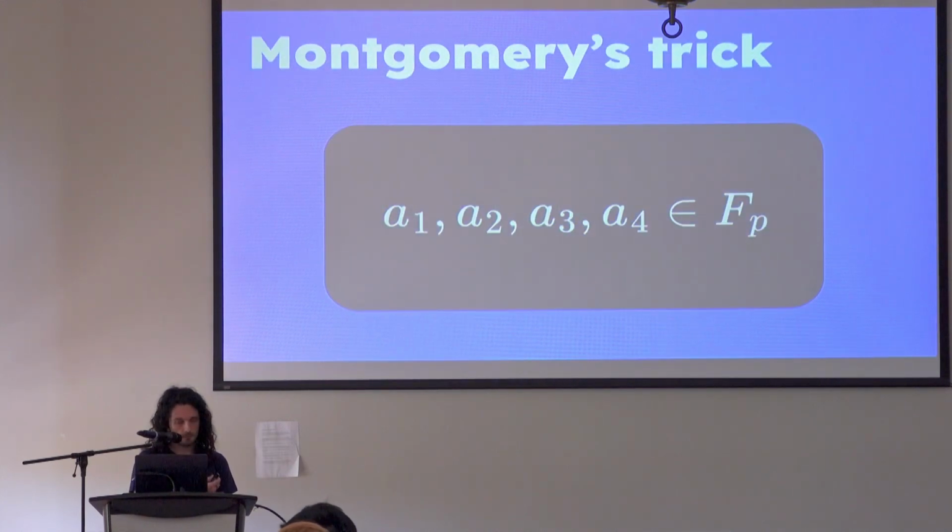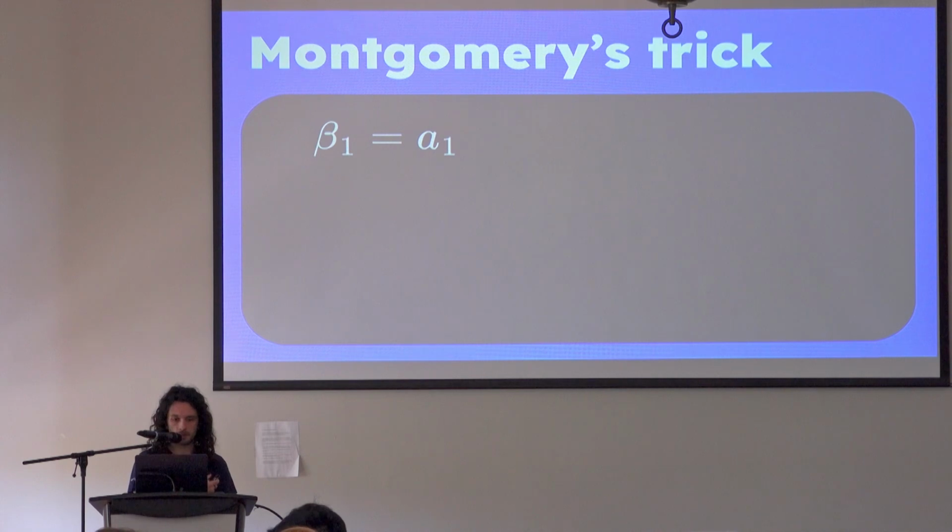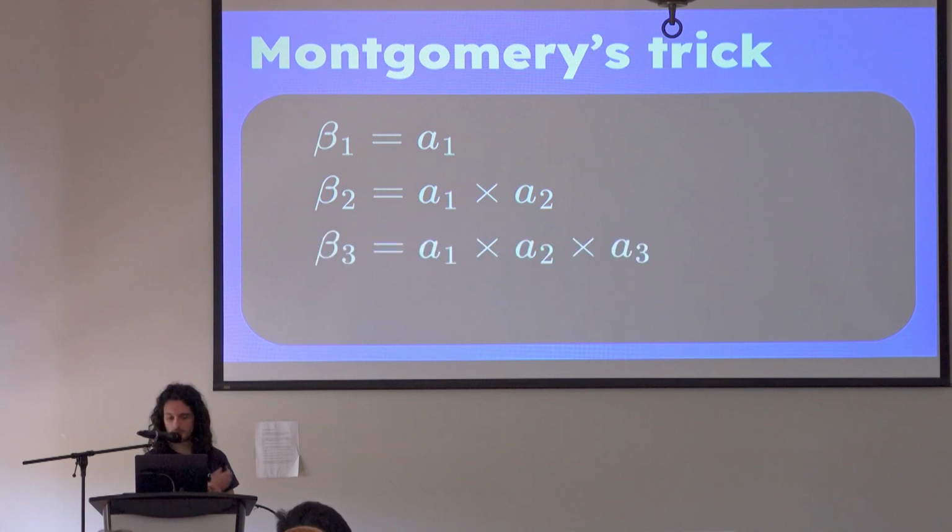For an example of Montgomery's trick, we'll take these 4 field elements, A1 through A4, and we'll start inverting them by computing these little products that I'll show here. First one being beta 1, then beta 2 being the accumulated product from A1 through A2, then beta 3 being the accumulated product from A1 through A3, and so on.